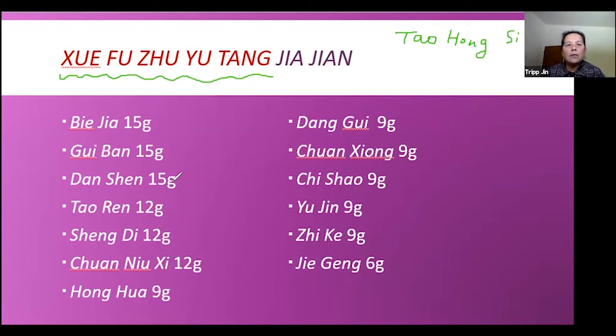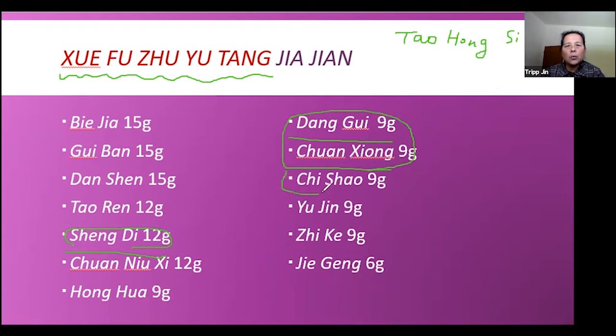In 四物汤 we have 生地黄, 当归, 川芎, and another one should be 白芍. 白芍 is not in here, but that's 四物汤. We have most of the ingredients here; basically we need four ingredients.